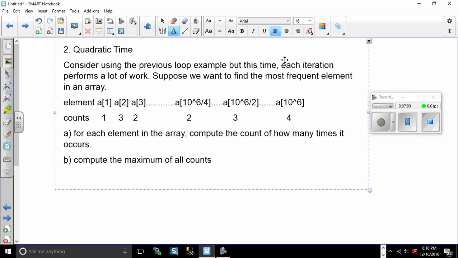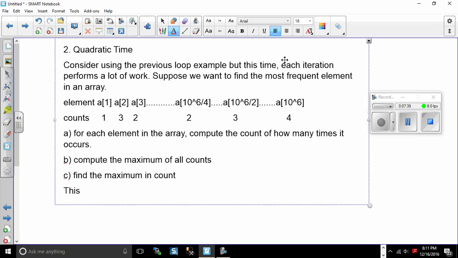And then step C, find the maximum in counts. So what's going on here?